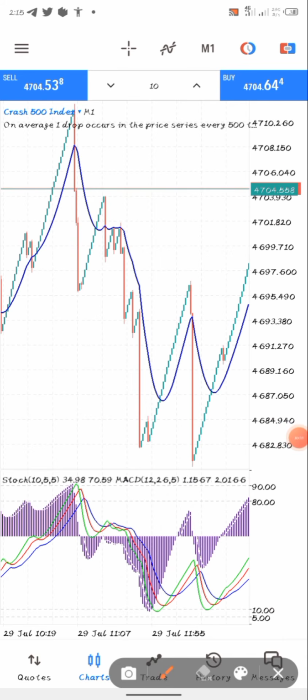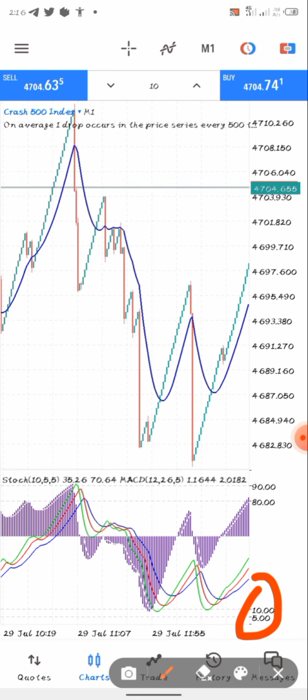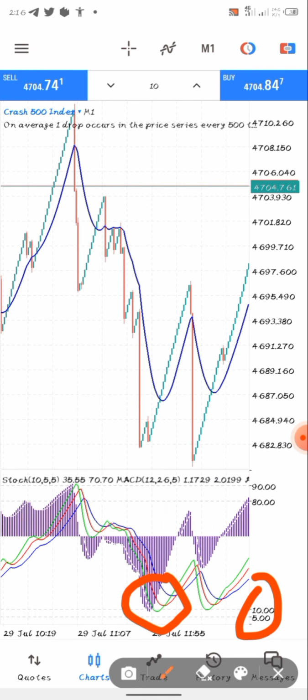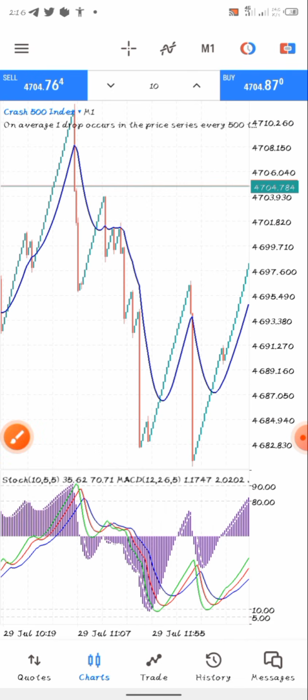Now the second confirmation you need to see is that you have to wait for your alligator to touch 10 to 5 levels of the stochastic oscillator, and your MACD also touching the stochastic oscillator and increasing in volume. Then you catch 10 to 20 candles and you're out of the market. Now let's say you want to use it to catch spike.